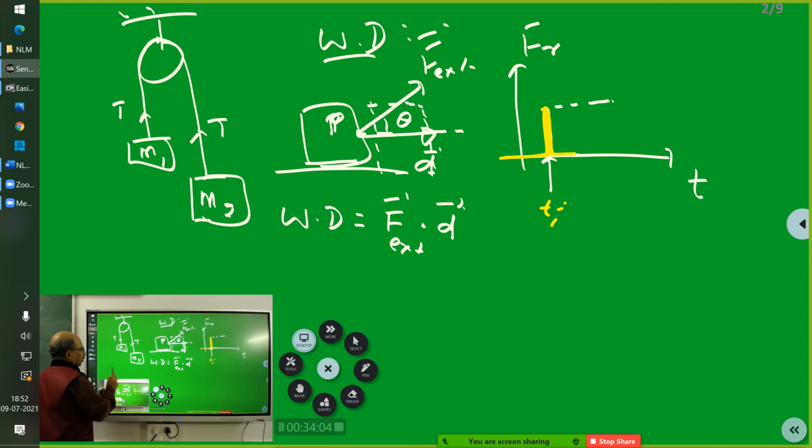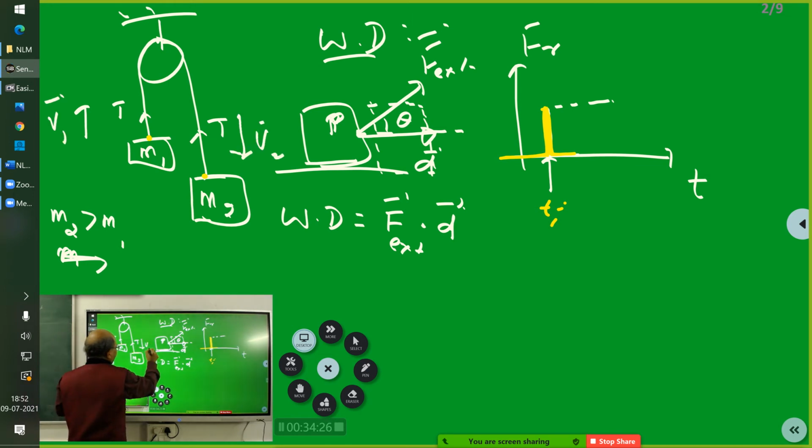Now you see, you have got a similar situation here. This is the point of application. This is the point of application. Clear? So now, if M2 is greater than M1, then obviously this is moving up with velocity V1 bar, and this is moving down with velocity V2 bar.